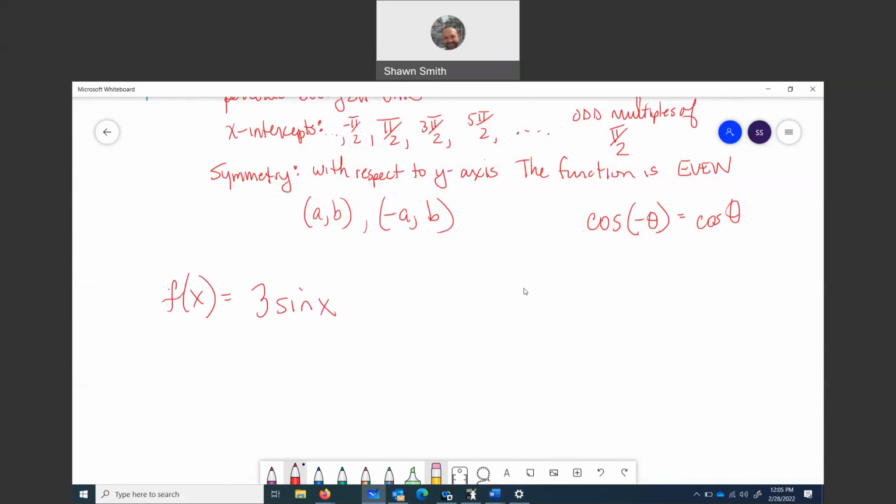Before we had just 1 times the sine of x. Where we saw 1 in the range, right? High is 1, low is negative 1. So if I have 3 here, that's going to indicate my range as well. This is called the amplitude. So 3 is the amplitude of the function. How high and how low will it go from the x-axis?